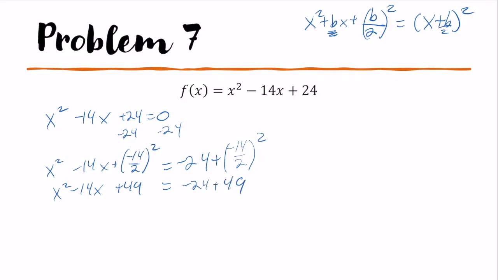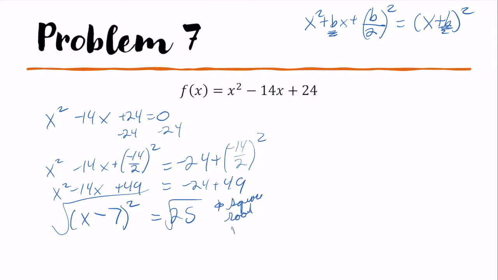So this left-hand side is going to factor to x minus 7 squared, because negative 14 divided by 2 is b divided by 2, which equals negative 24 plus 49, which is 25. I then go ahead and take the square root of both sides using the square root property. That gives me x minus 7 equals plus or minus 5.